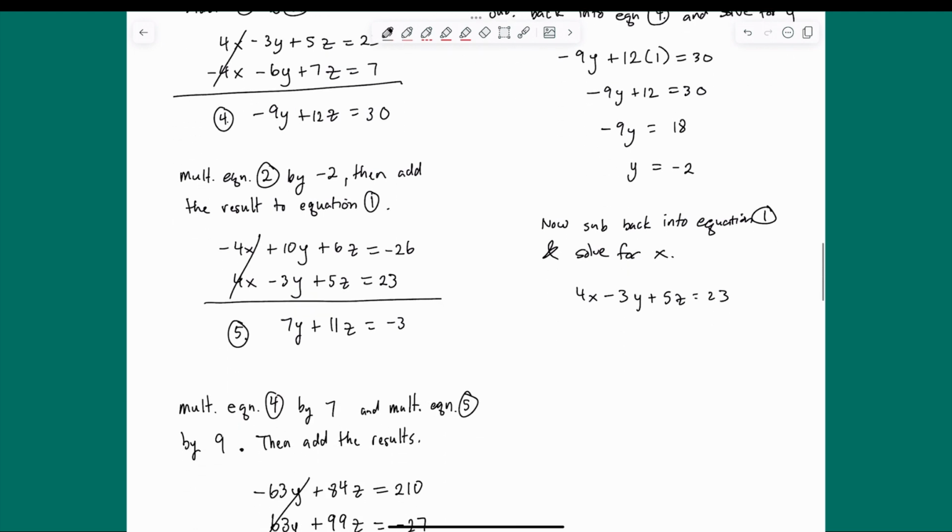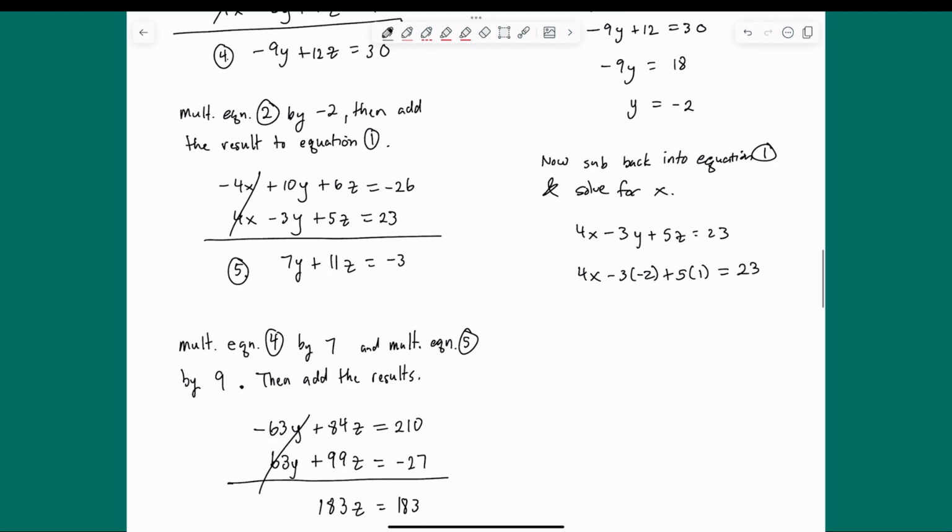Okay, so let's plug our values in. So we have 4x minus 3 times negative 2 plus 5 times 1 equals 23. All right, so we have 4x plus 6 plus 5 equals 23. So we get 4x plus 11 equals 23.